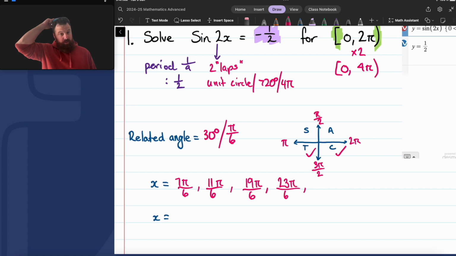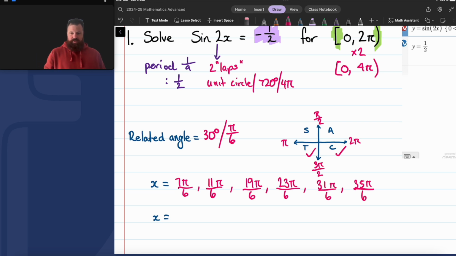So 19 pi on 6 plus 12 pi on 6, 19 plus 12 is 31. So I get 31 pi on 6. I'll add the next one, 23 pi on 6 plus 12 pi on 6 becomes 35 pi on 6. There's our solutions, but there's something I need to be careful with.